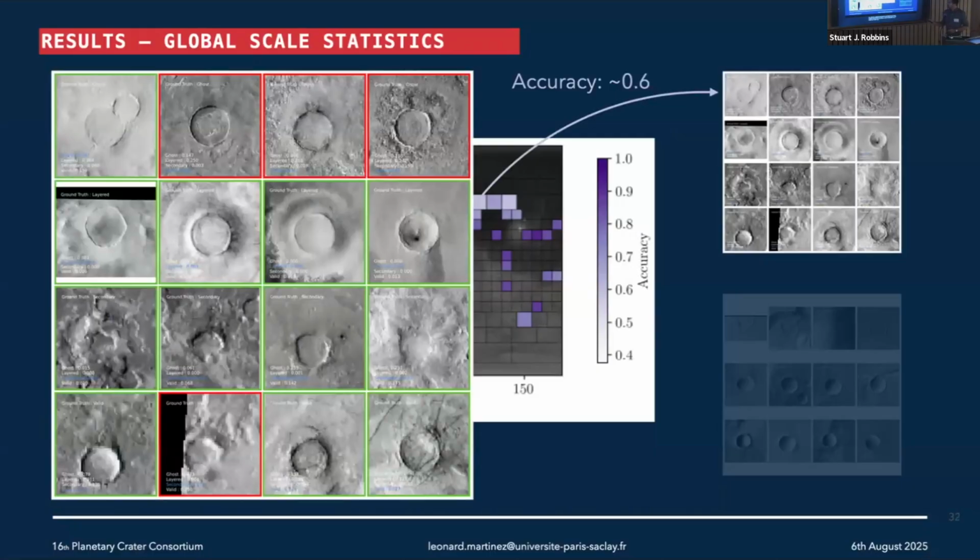Indeed, we can see in this set of 16 craters, it means 4 craters. And so the first column, we can't see correctly, but the first column, the first line, he was supposed to detect ghost craters.